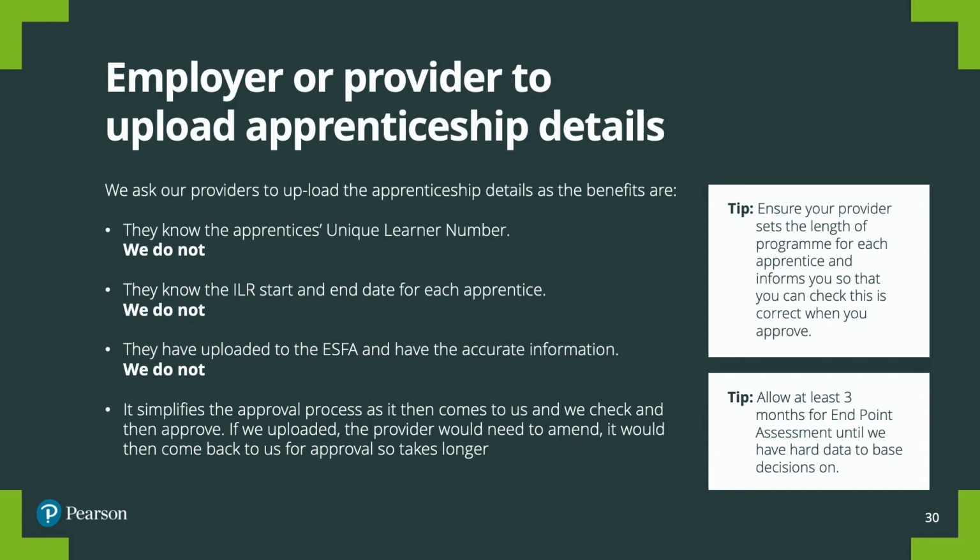We also found that if we entered it, then it has to go through several different approval processes. So for example, if we entered apprentices and got it wrong, the training provider would reject it, it comes back, we have to amend it, if we get it wrong again, it comes back, etc. Whereas if the provider does it at the beginning, you're more likely to have the absolute accurate data in there.